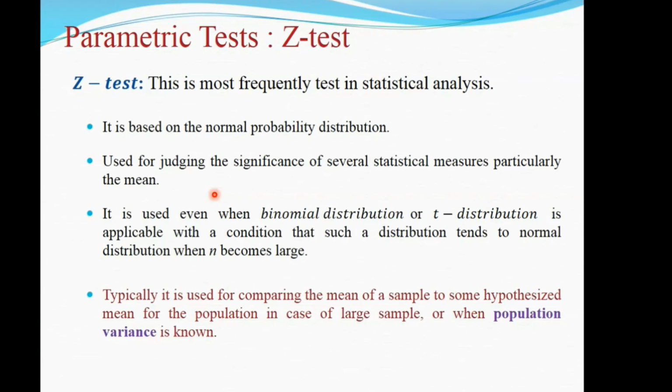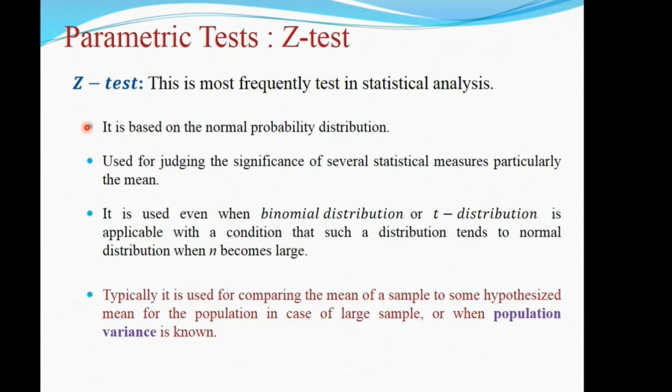If it is mentioned that the data are normally distributed, or normally spread, or it has a normal distribution, if such phrases are there, that gives a hint that we will apply Z test.